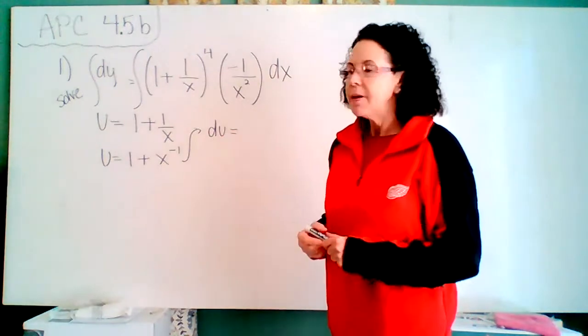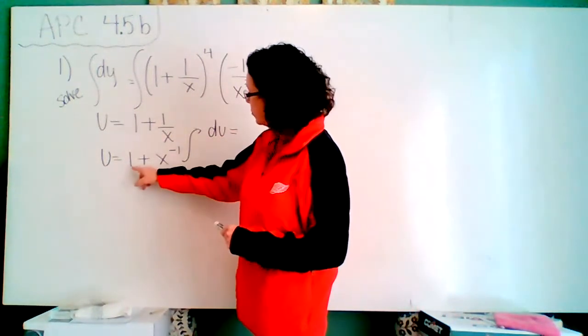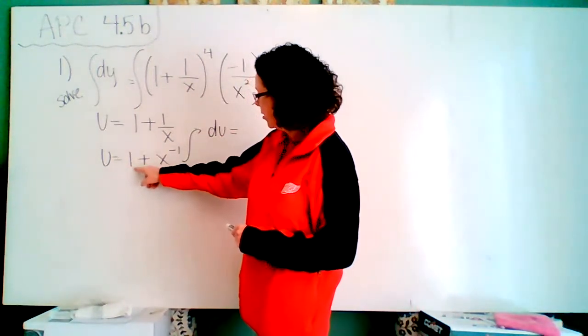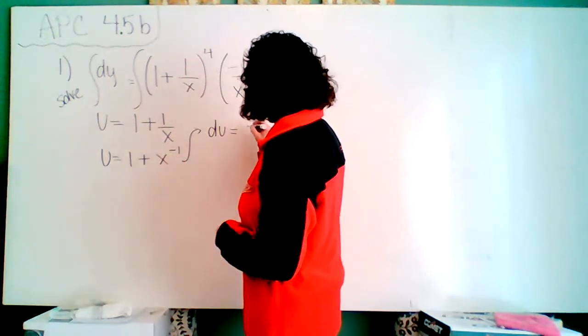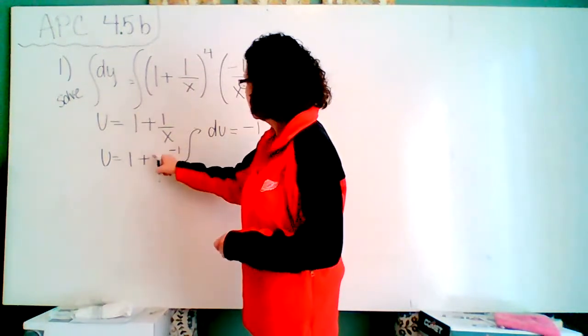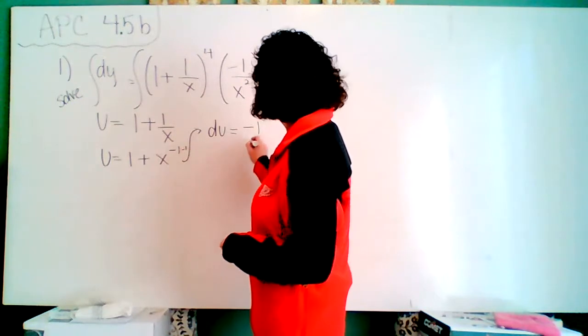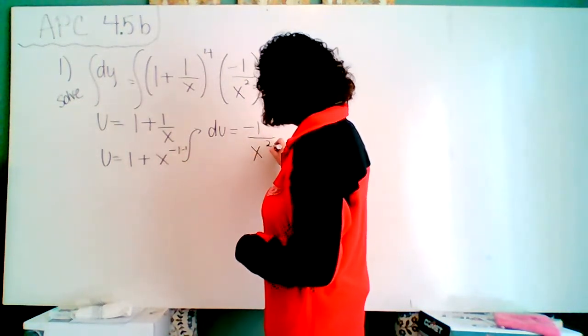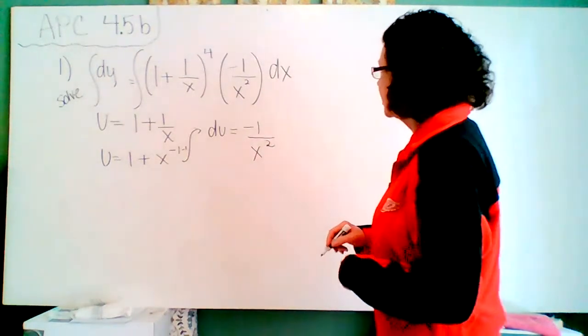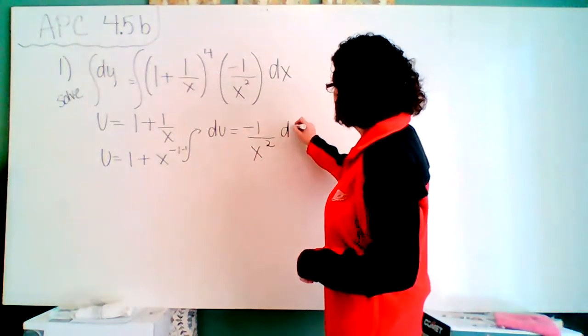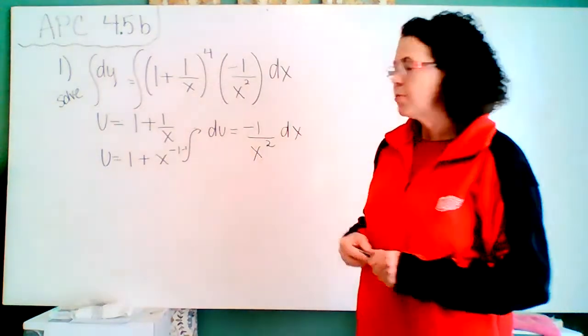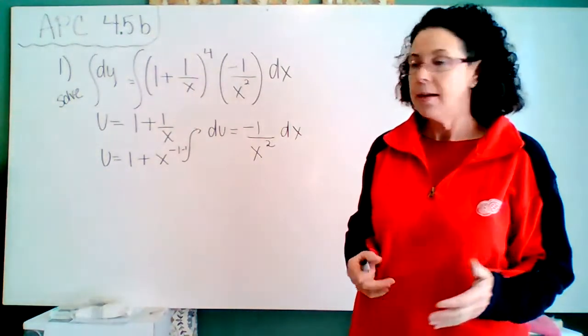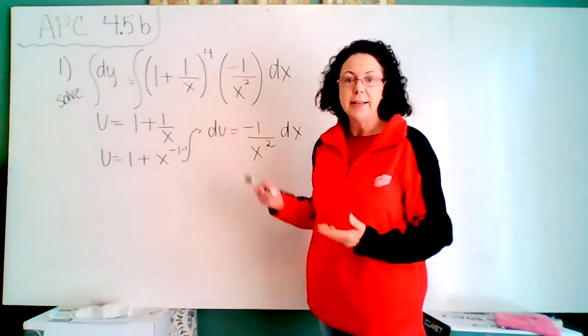And it does, because notice when you take the derivative with respect to u, you get a 0 here. Here I'll bring the negative 1 out front and multiply it and reduce the exponent by 1. This is x to the negative 2, which is x squared. And let's not forget our dx. So notice what was actually very complicated is exactly what I needed.